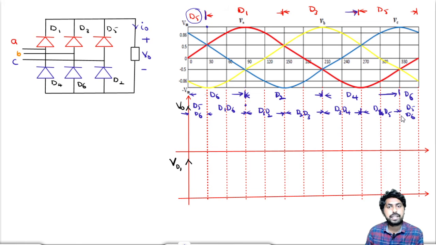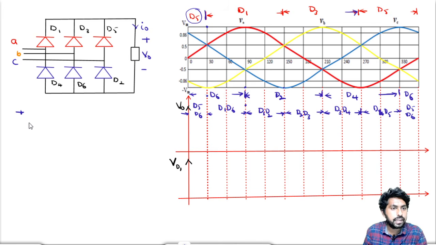From 0 to 30 degrees it will be D5, D6. From 30 to 90 degrees it will be D1, D6. The next combinations will be similar. Now we need to draw the output voltage. How can we find it? From the table.